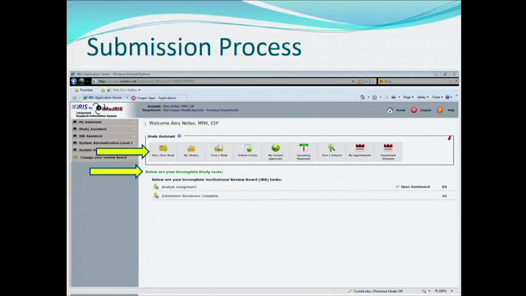If you need to sign off on a submission, if you have any continuing reviews that are due, or if anybody's routed anything else to you for sign-offs, like financial disclosures, which we'll talk about as we go through this presentation, this is where you're going to find your assigned tasks. So it's right on your dashboard as soon as you log in. To access your tasks, you just click on the little blue arrows to drop that down.